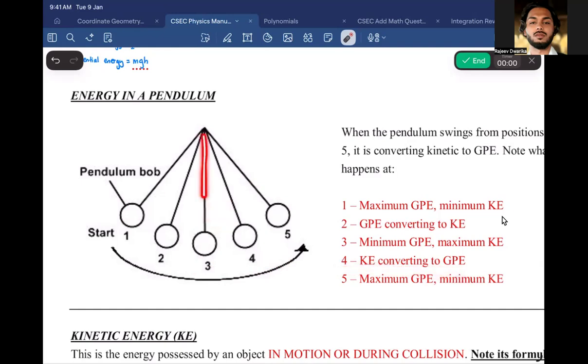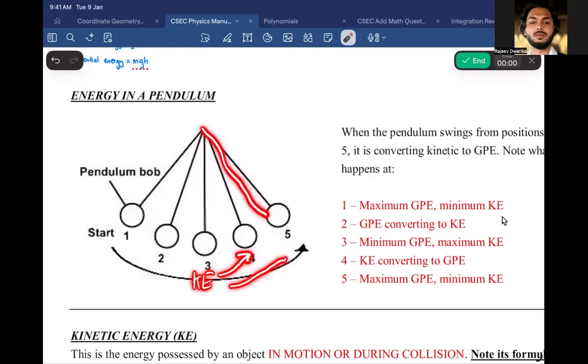And at stage three, you have the minimum potential energy and the maximum kinetic energy. Because like we said, at this stage, it's at the resting position, so it has little to no potential energy, but it has a maximum kinetic energy. And when it's swinging here, the maximum kinetic energy will be converted back to potential energy.